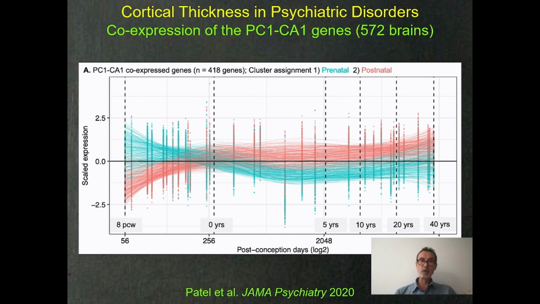One set of those, a total of 400 genes, is highly expressed before birth and then the expression goes down. The other one shows the opposite profile, low expression before birth and relatively high expression throughout adult life, at least the span that is sampled in this particular data set, up to 40 years of life.